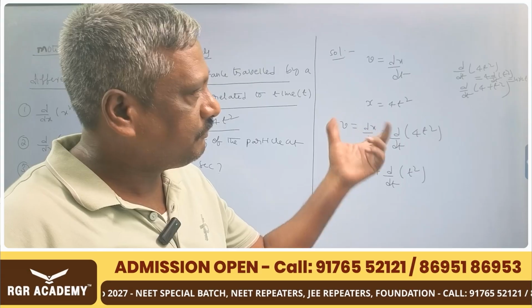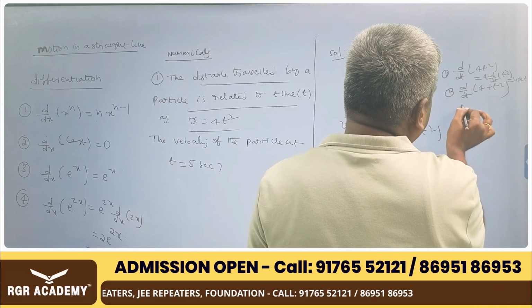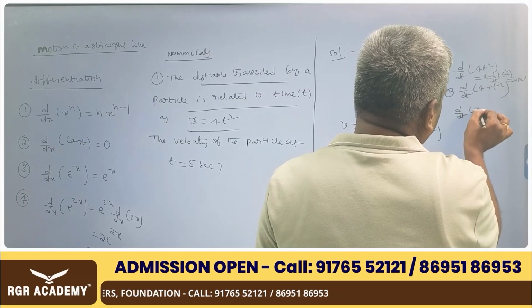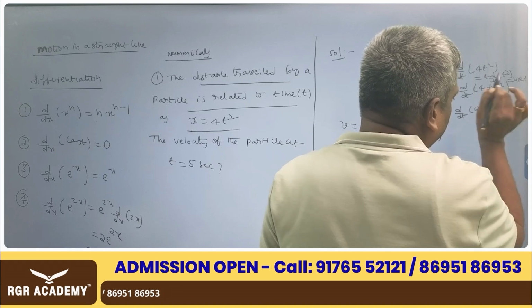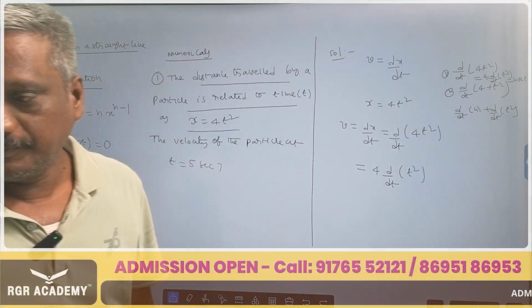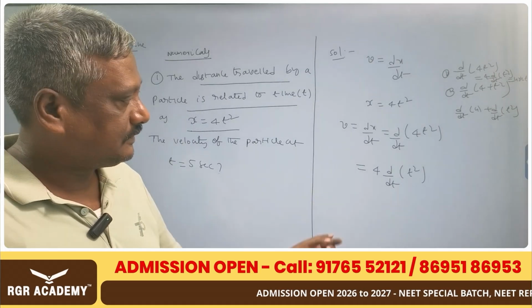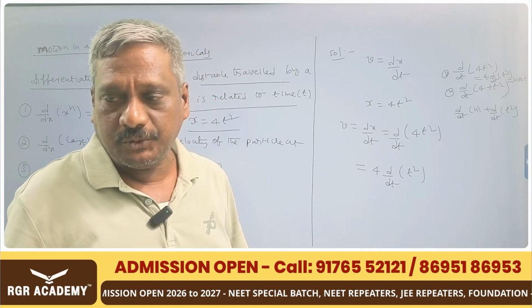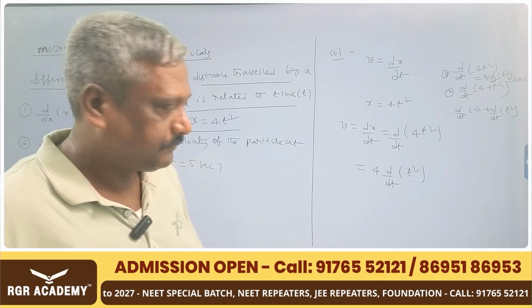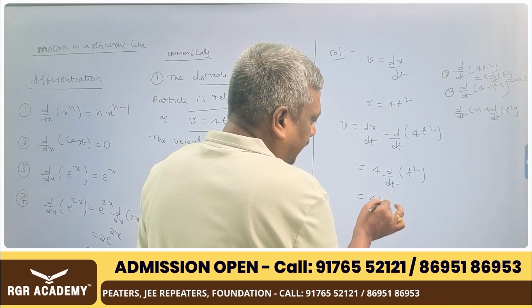D by dt of 4 plus t square, you can split into two terms: d by dt of 4 plus d by dt of t square. In differentiation, that is the most important thing. But here, the variable factor is multiplied with a constant so it never becomes 0. So it is 4 into d by dt of t square.